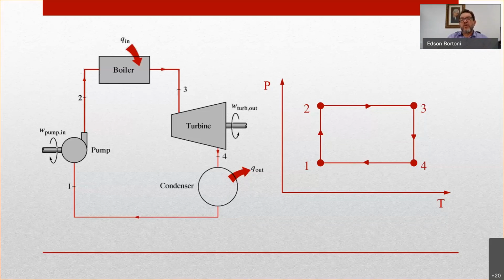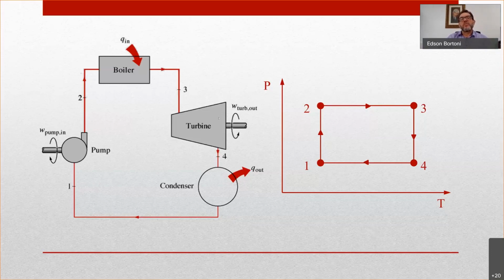So you go to point three, and then you pass through a steam turbine. The steam turbine takes energy from the water, which at this point is steam. The water changed its status from liquid to gas.